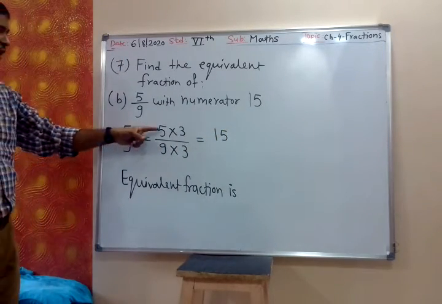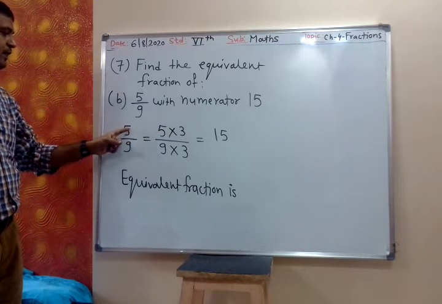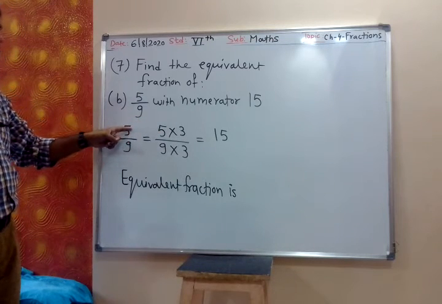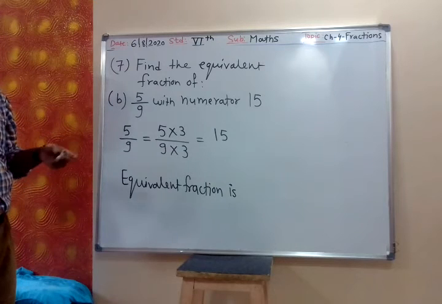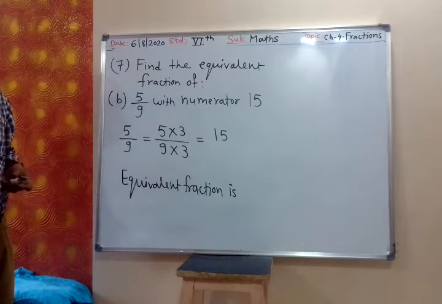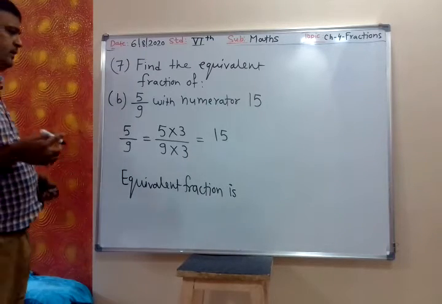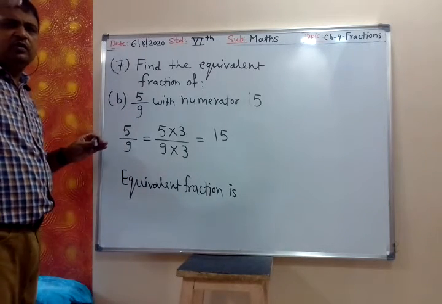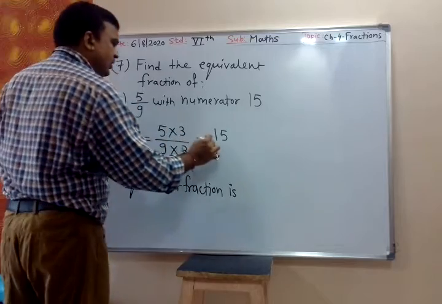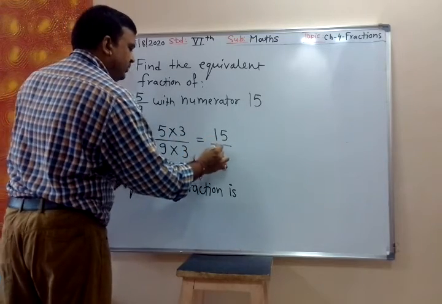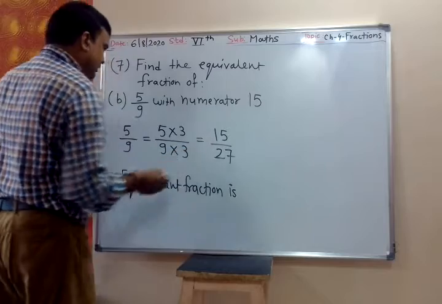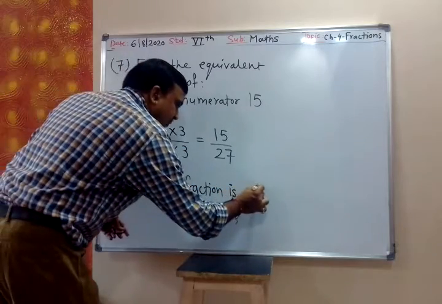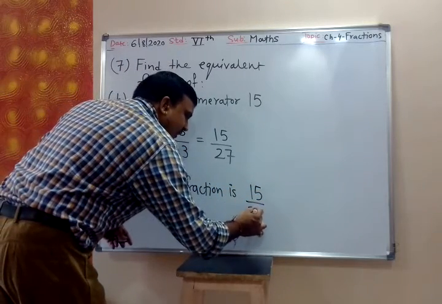Yes, you have to multiply now because you want 5 as 15. You multiply numerator and denominator both. Not in all questions, it depends on the question. So 15 upon 27. So the equivalent fraction is 15 upon 27.